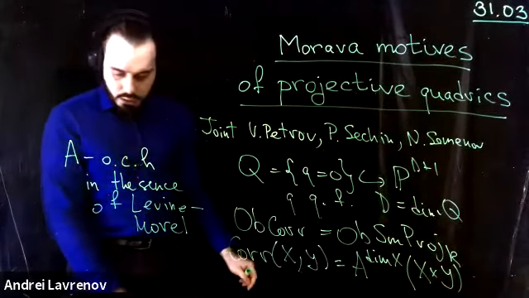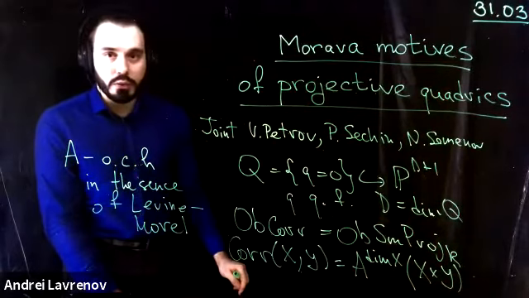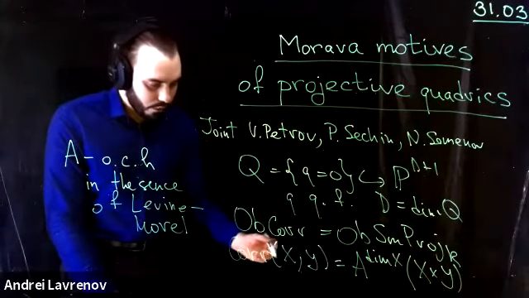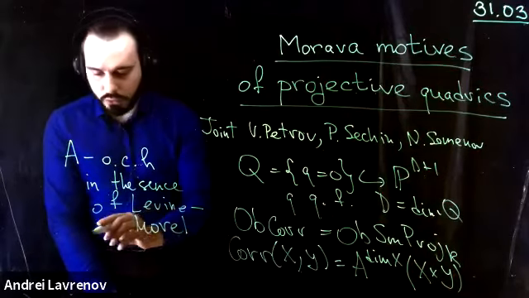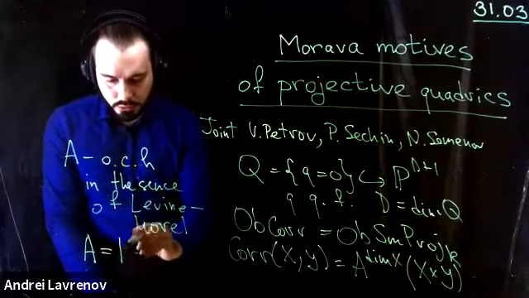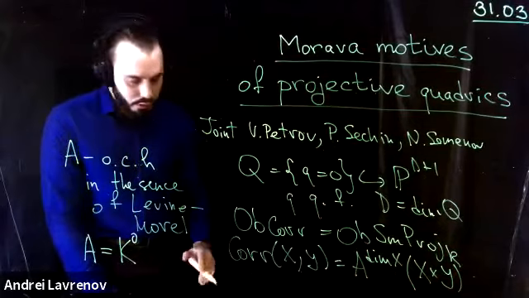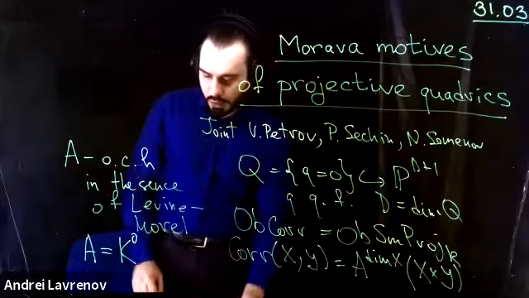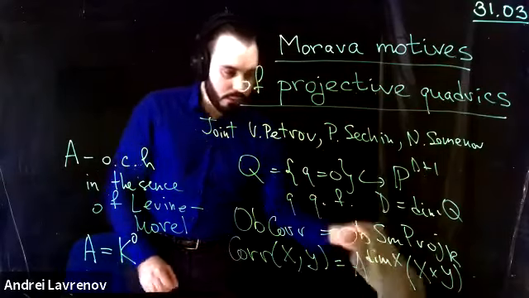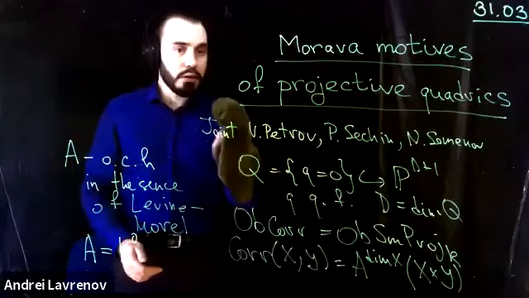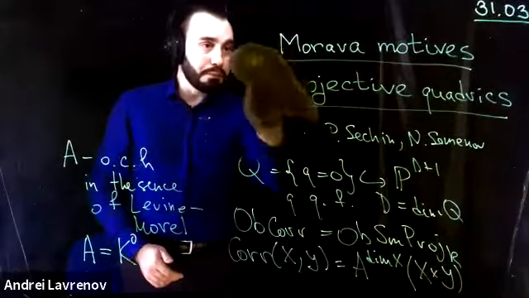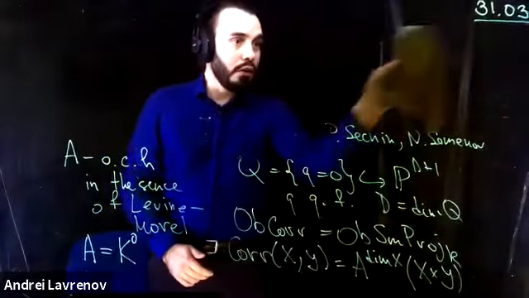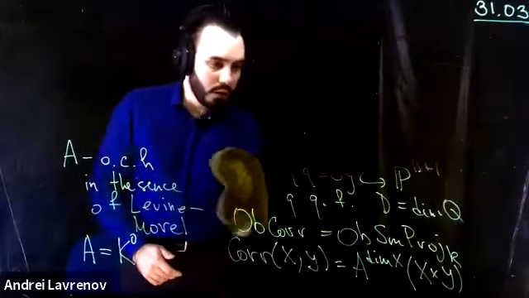Maybe one of the first who considered other theories than Chow was Ivan Panin, who took Grothendieck's K0 as A, and he computed the K-theory of projective homogeneous varieties, and in fact also the K0 motifs.